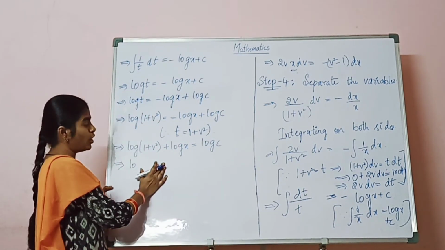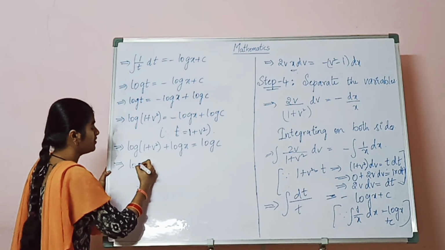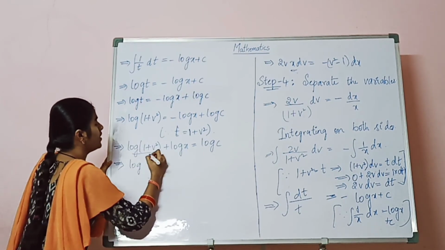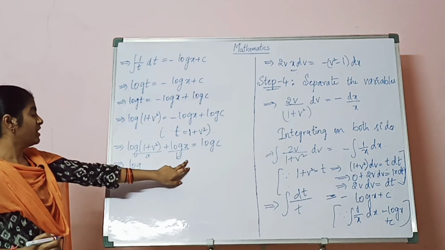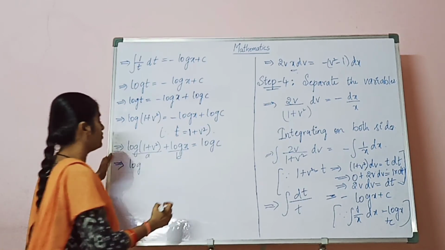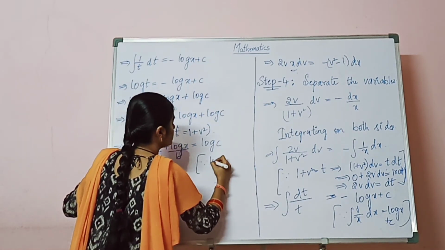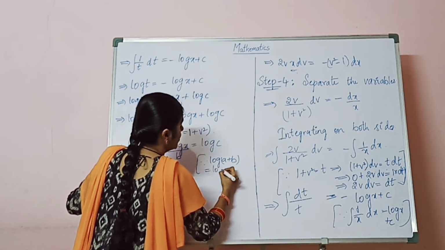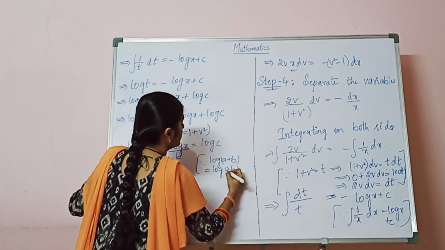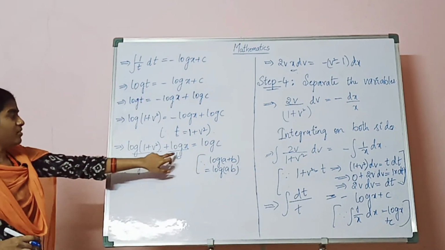We have to apply the logarithmic formula. That implies log, this is the a value and this is the b value. So log a plus log b equals to log a into b. So this is a, this is b.